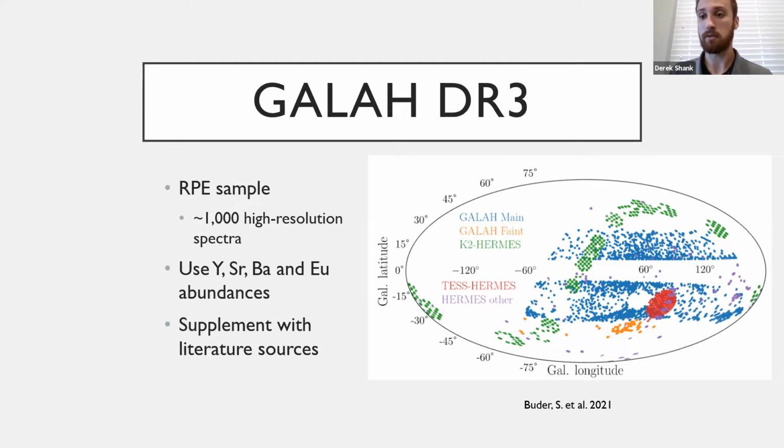We get about 1,000 stellar spectra that meet our requirements of being r-process enhanced, which just means that the europium abundance is greater than 0.3, and the barium to europium ratio is less than 0 to make sure that it's not s-process dominated, but rather r-process dominated. We also have some literature sources that we can throw into the GALAH data set that are not already in GALAH.